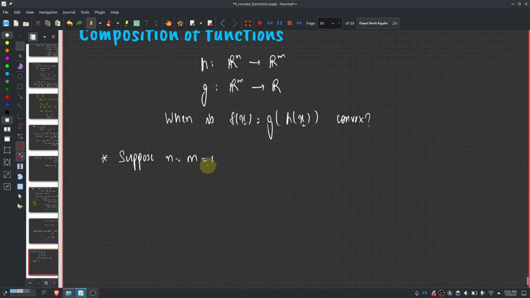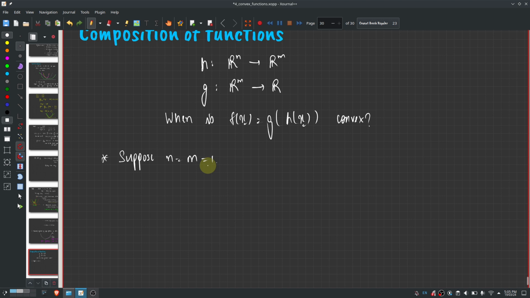So what I'm looking for is a set of sufficient conditions on h and g such that g of h of x is convex. Can you say that if h and g are both convex, then f of x is always convex?